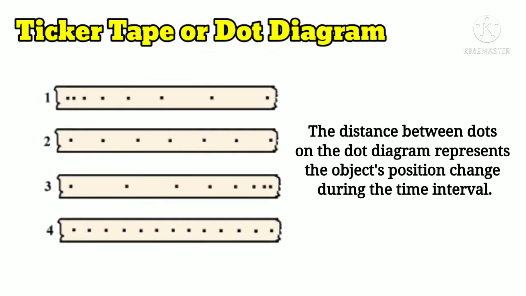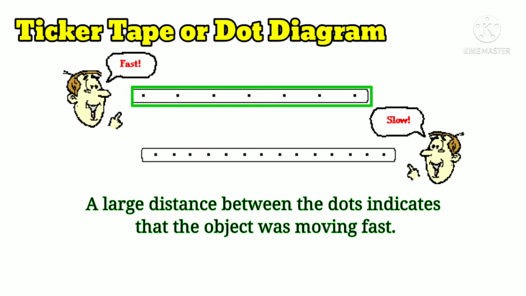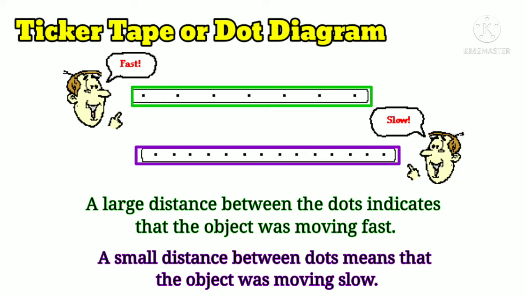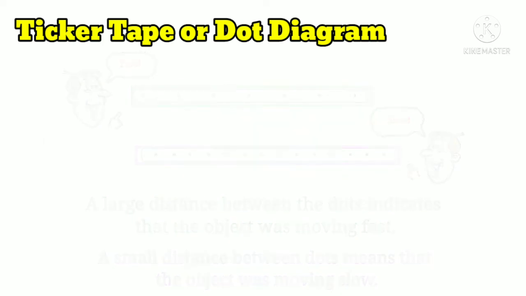The distance between dots on the dot diagram represents the object's position change during the time interval. A large distance between the dots indicates that the object is moving fast, and a small distance between dots means that the object was moving slow.